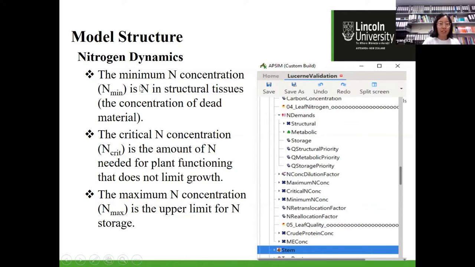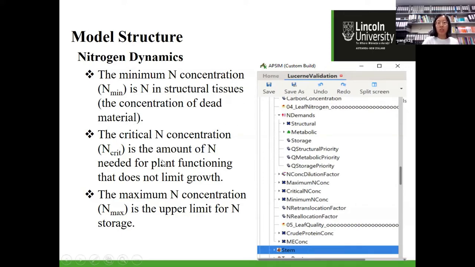Let's start with the minimal. The minimum nitrogen concentration is the nitrogen in the structural tissue, which is the concentration of the dead material. So that nitrogen is not moving within that organ or among other organs.